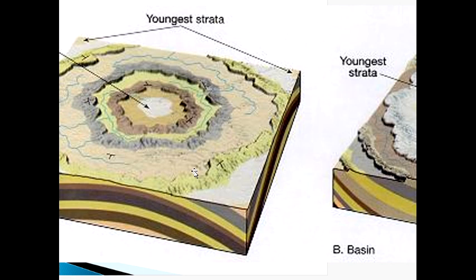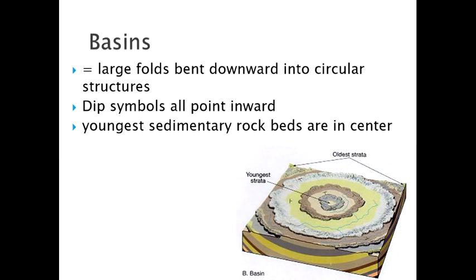How you know it is that the dips are all going to point away from the center, and the center is going to have the oldest rocks, and they're going to get progressively younger and younger to the edges. If you have a dome, you have the opposite, which is a basin. Basins are merely 3-dimensional synclines, places where the Earth has been pushed downwards. Notice if you're just looking at the rock types, let's just say you're flying over them with an airplane, you'd see another bullseye structure.